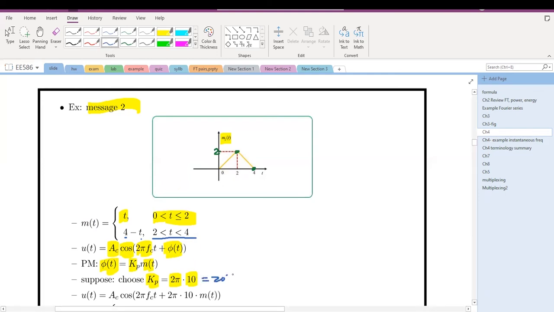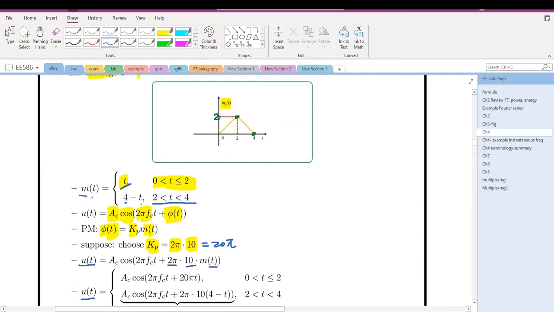Because our message has different waveform for different sections of time, we can write the modulated signal according to different time frames. From time 0 to 2, the message equals t, so that's 20 pi multiplied by t. And in the time from 2 to 4, the message equals 4 minus t, so plug in 4 minus t here.